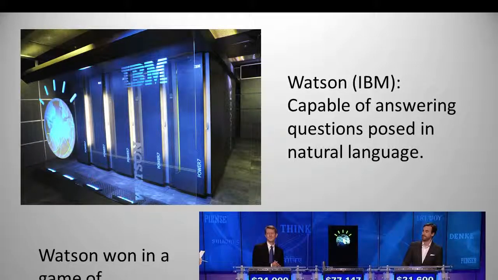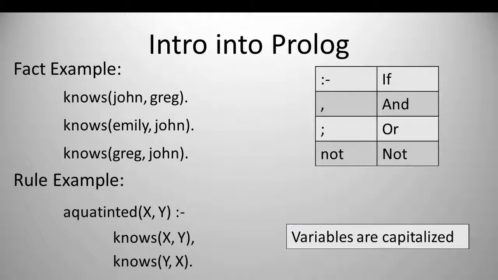One of the best examples of this language is that it has been used with Watson, a supercomputer that's capable of answering questions. And it won a game of Jeopardy, which might seem unfair, but that's how it is.